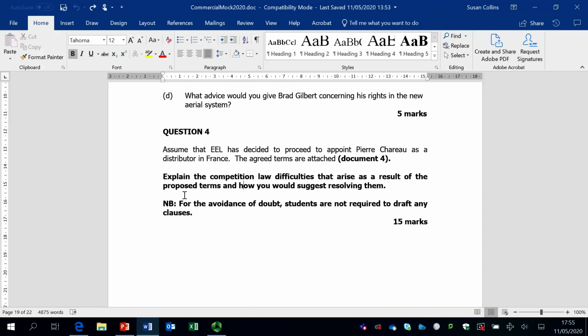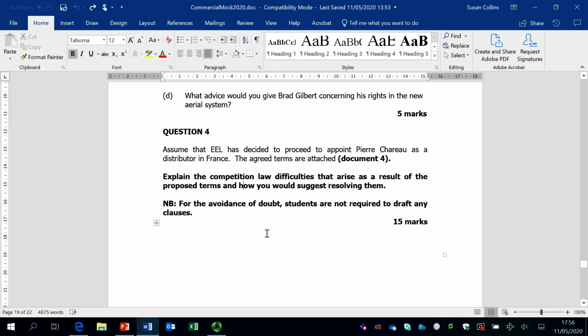Those types of clause would be problematic, whichever category you came into. So here we're not sure what the market share is, but we would hope, obviously, that the vertical restraints block exemption would apply at the very least. So that's what we'd be looking for. But just be aware, if the question doesn't tell you what the market share is, you do need to talk about the different possibilities.